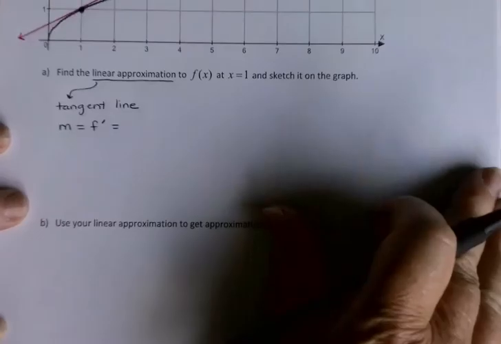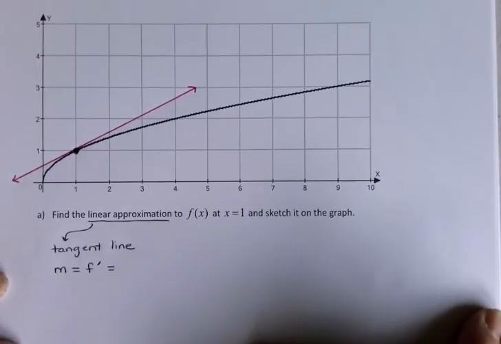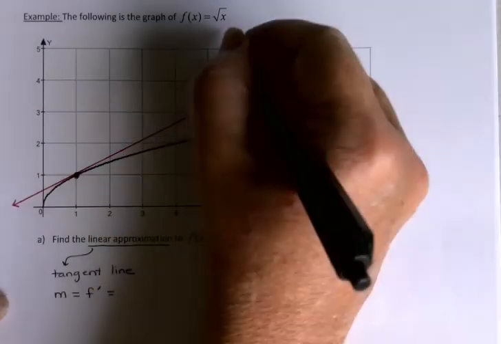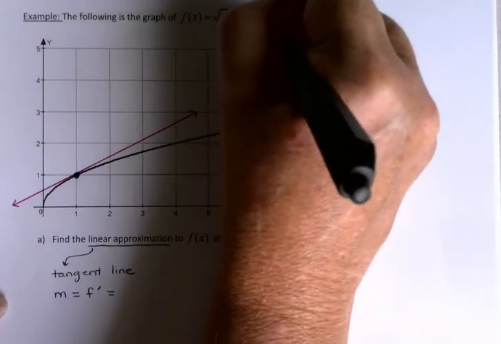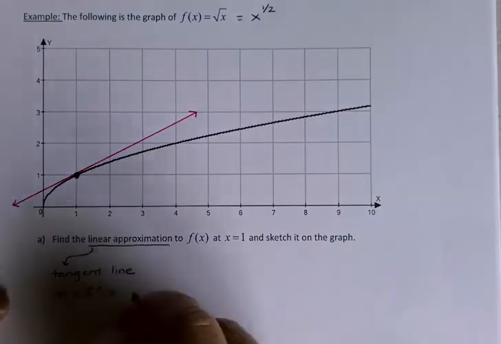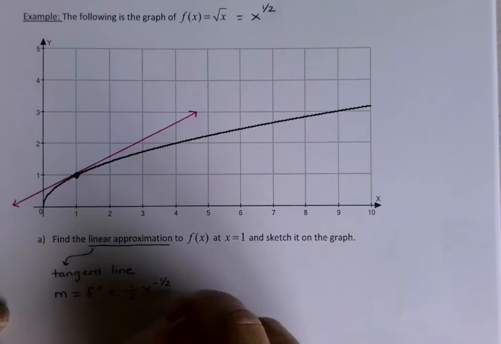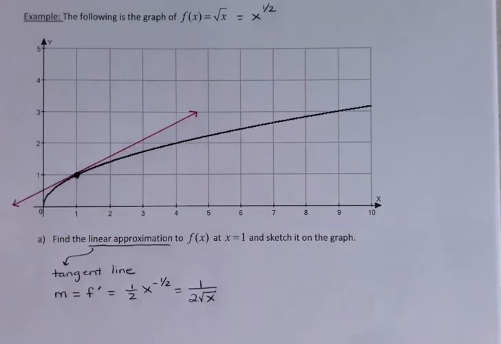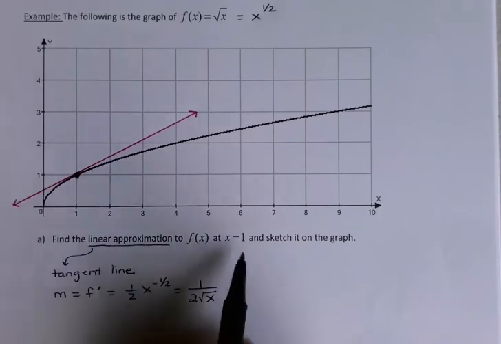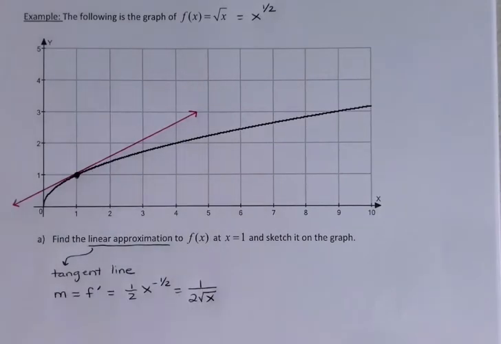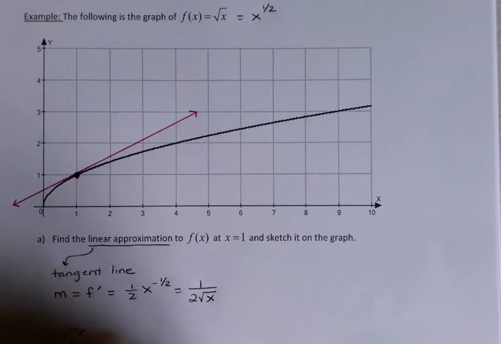The function was the square root of x, also known as x to the 1/2. So our derivative would be 1/2 x to the negative 1/2, or 1 over 2 square root x. I'm finding my slope specifically at the point where x equals 1. So I'll have 1 over 2 square root 1 for a slope of 1/2.